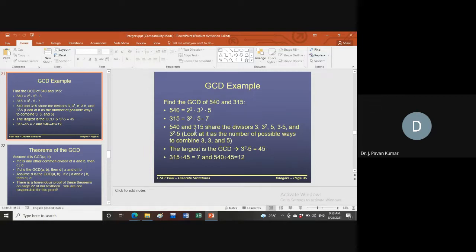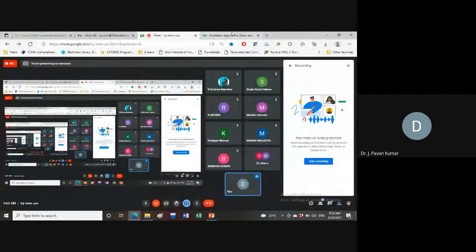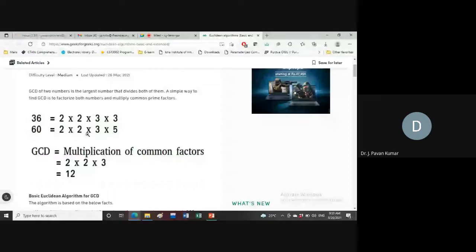Let us see one important algorithm to calculate GCD. Before going to see it, consider these two numbers, 36 and 60. 36 can be written as 2 into 2 into 3 into 3. Similarly, 60 can be written as 2 into 2 into 3 into 5.